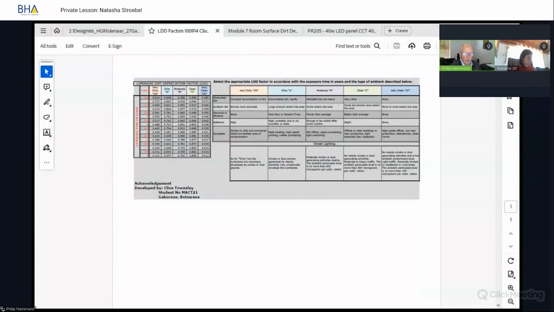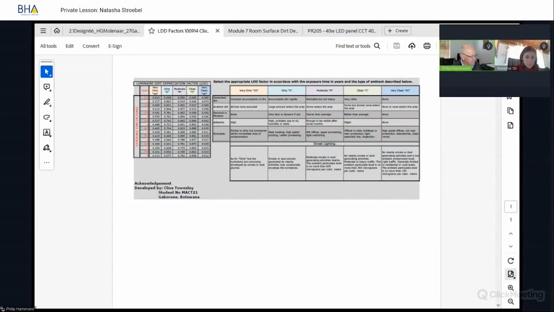Now this particular form, and you have a copy of that because it's in the folder, was developed by a student, a graduate, many years ago. The student was from Gaborone in Botswana.